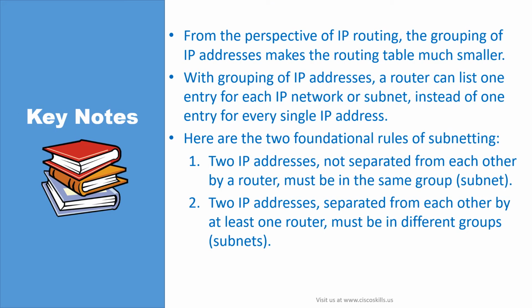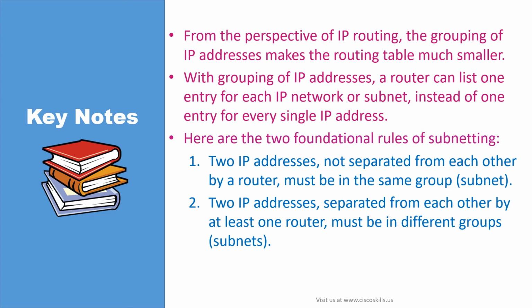Let's sum up our video with the keynotes. From the perspective of IP routing, the grouping of IP addresses makes the routing table much smaller. With grouping of IP addresses, a router can list one entry for each IP network or subnet instead of one entry for every single IP address.